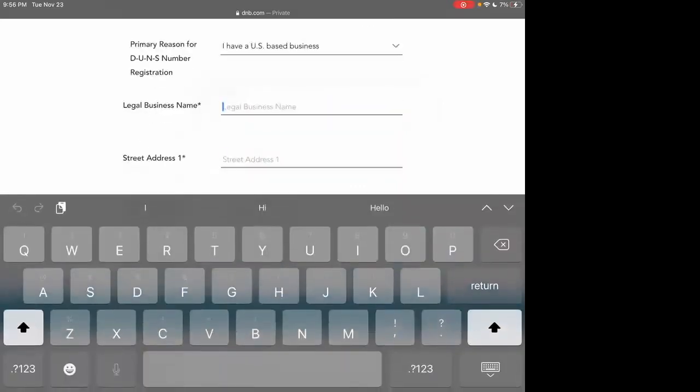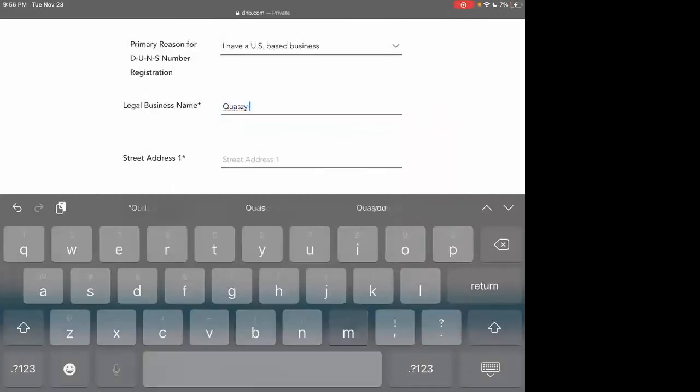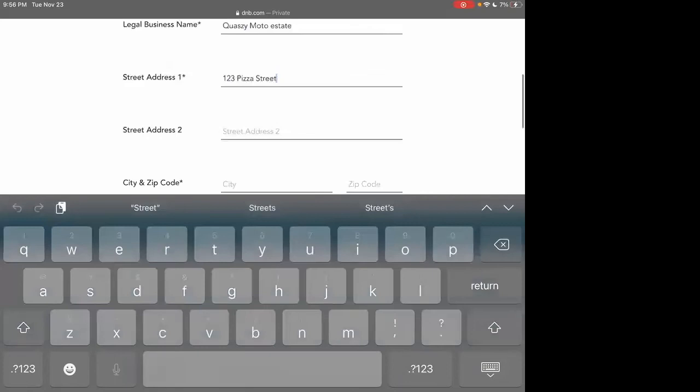So your legal business name, it's just saying, Quasimodo Estate. All right, I know this won't bring me very far because this is none of the proper information, but I'm just showing people how this would look.